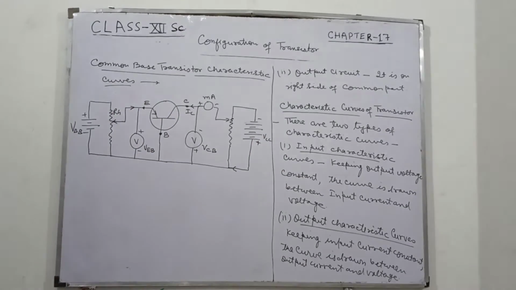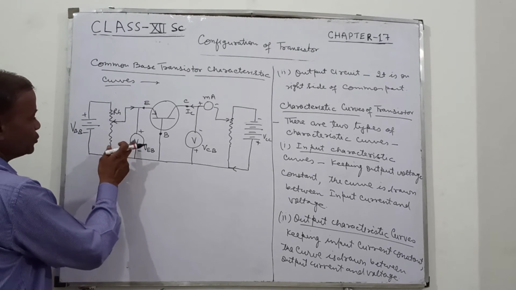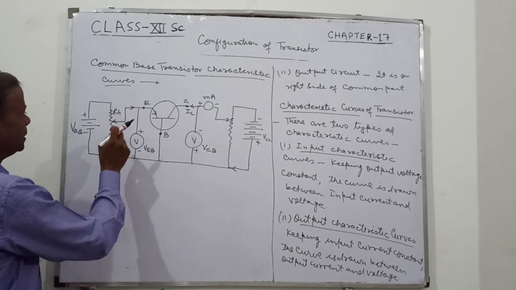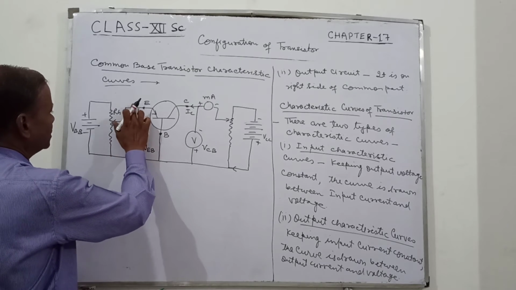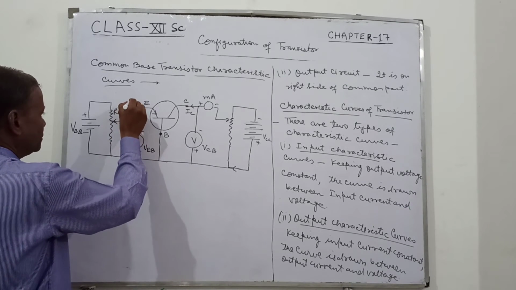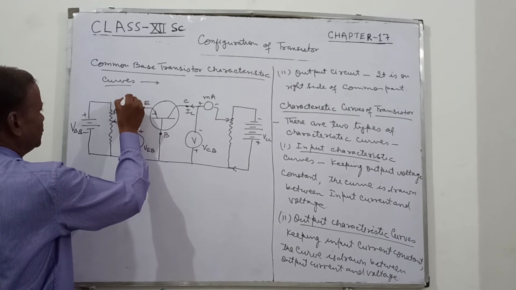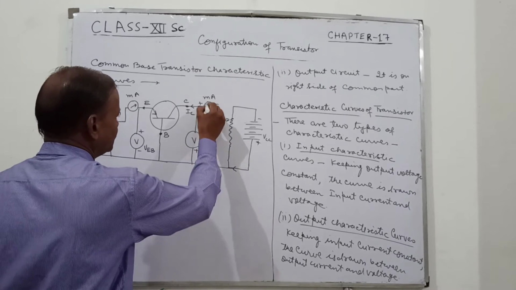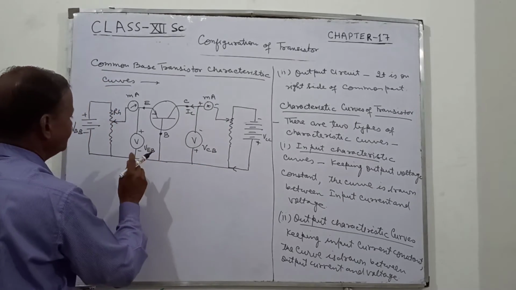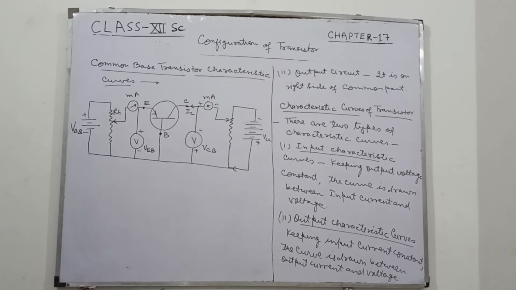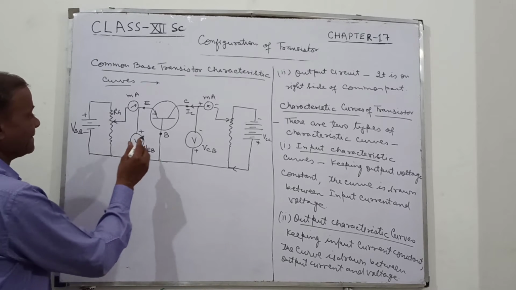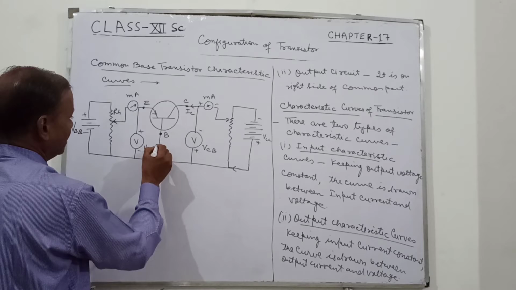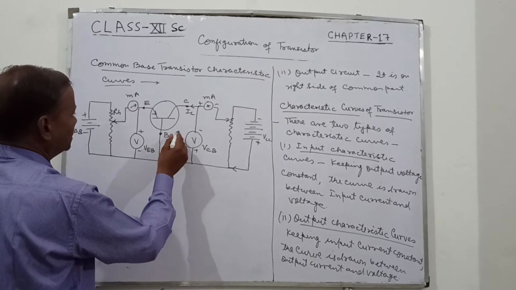So here this voltmeter will show you the deflection, and for the current we have to measure this one. This is your milliammeter, from positive to negative, so the potential difference, and here the current will be like this.